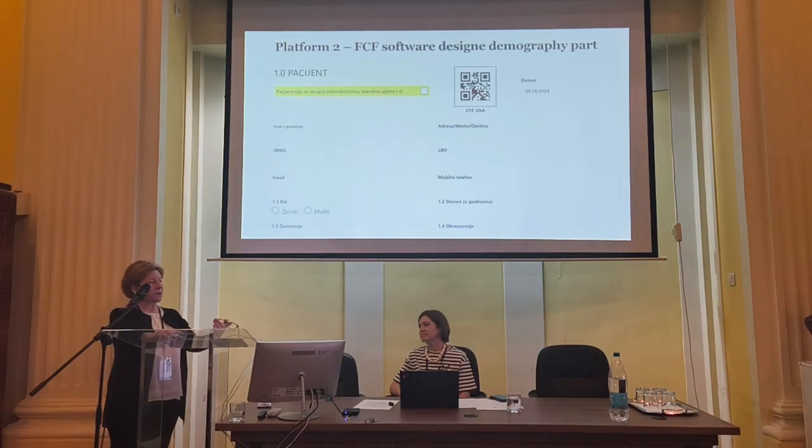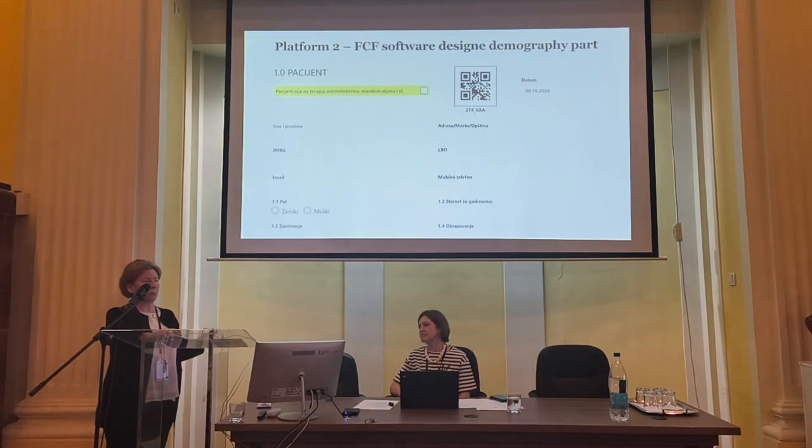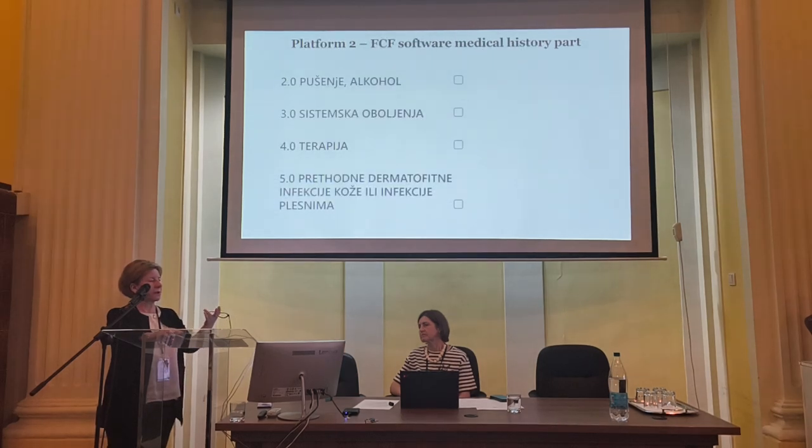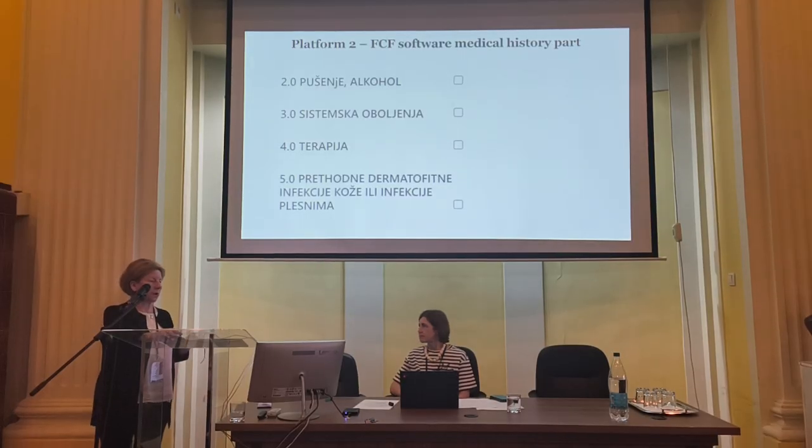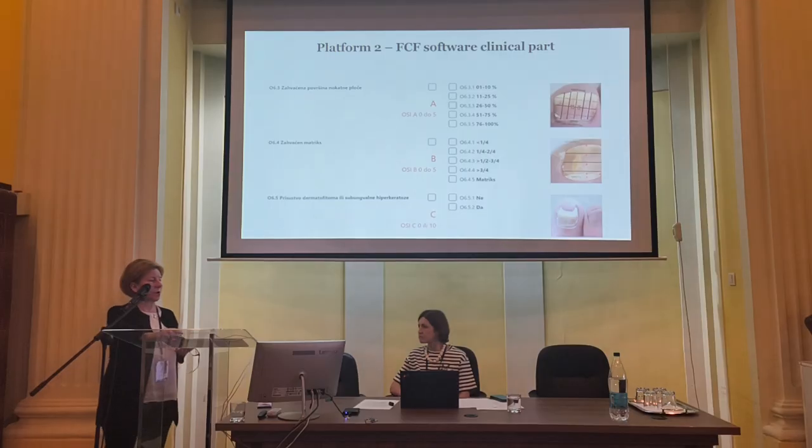The first part of this software is patient data, demographic data. The second is medical history, risks, other chronic diseases, therapy, treatment, but the final focus is past fungal infections of skin and mucosa.